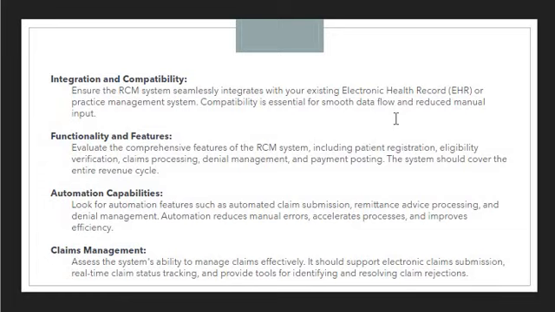We should always look at automation because we are going to implement every process element with automation techniques. We don't want many manual tasks, because that's why we are implementing this process. So it should support automated claim submission, remittance advice processing, and denial management.